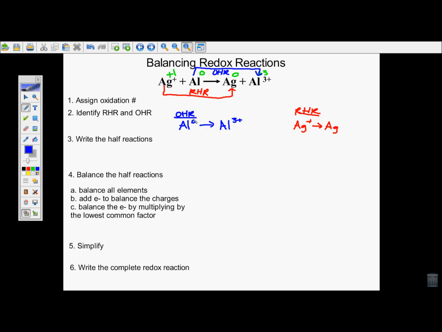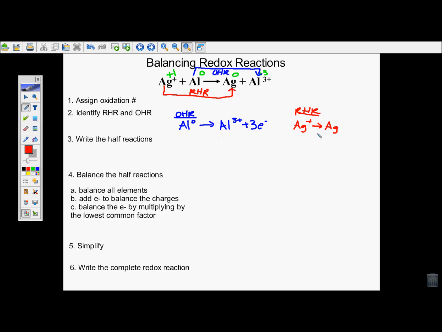So this is 0 and this is +3. Electrons are negative, so there's no way we can put electrons on this side to balance it. But if we put 3 electrons over here, the +3 and the -3 will cancel out to give you the 0. So now we have balanced our elements and our charges for oxidation, and now we'll do the same thing for reduction.